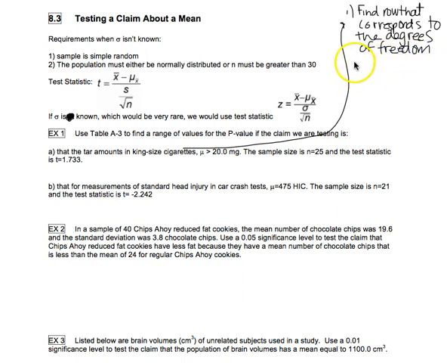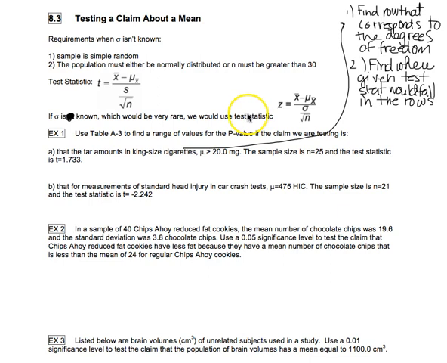Then that gives you the row. The next thing you're going to do is find where your test statistic would fall in the rows, because the rows on the table are going to have actual values like the test statistic. So you figure out, okay, where in this number line of values is my test statistic ending up.